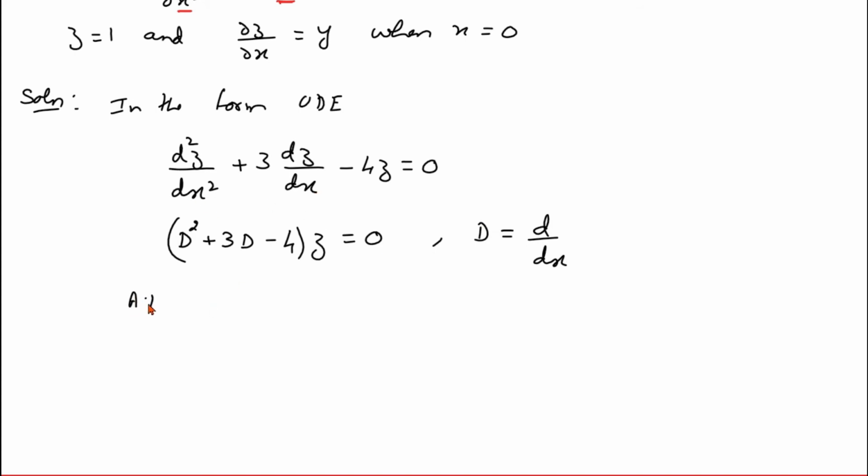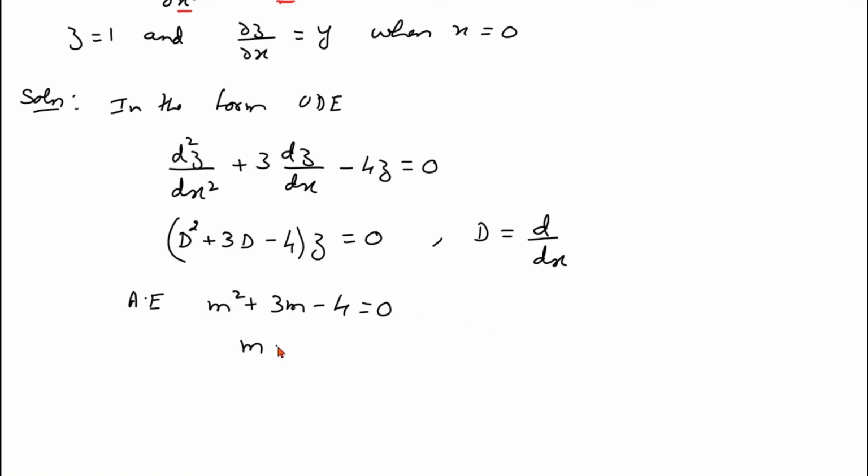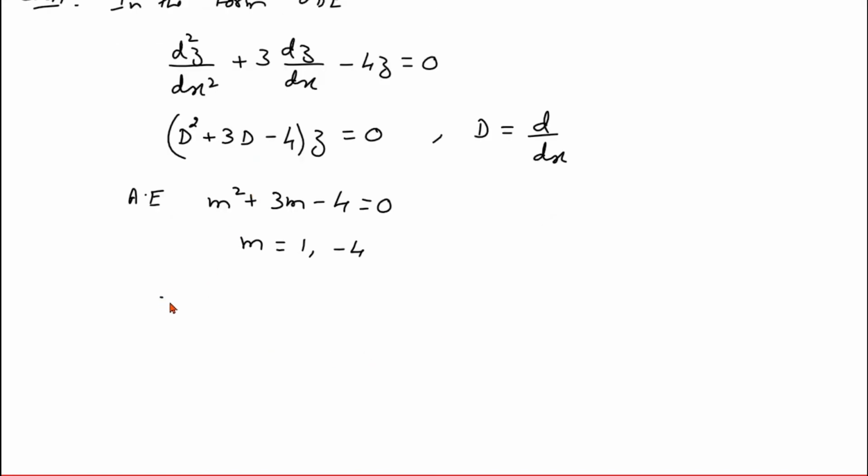So now the auxiliary equation will be m square plus 3m minus 4 is equal to 0. So the roots are 1 comma minus 4. Your solution will be z is equal to c1 e power of x, since the independent variable is x, plus c2 e power of minus 4x.